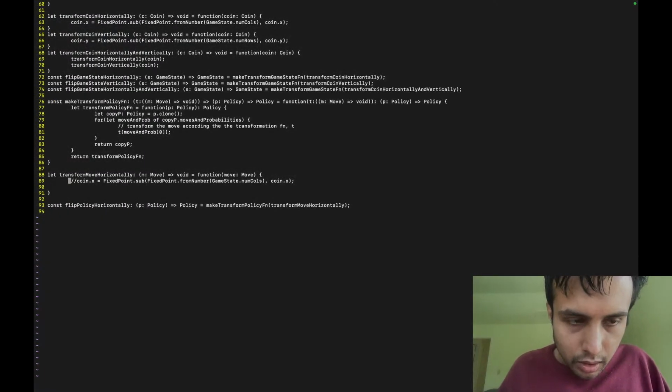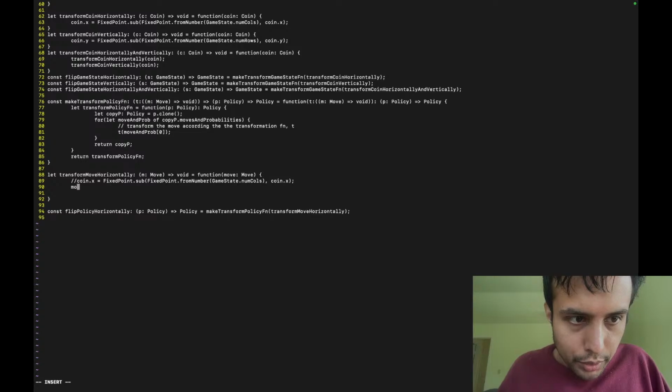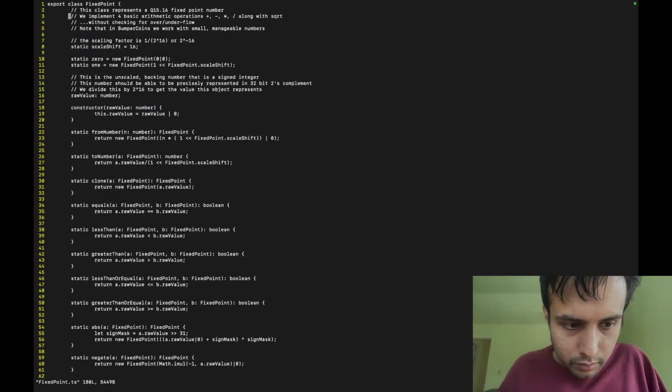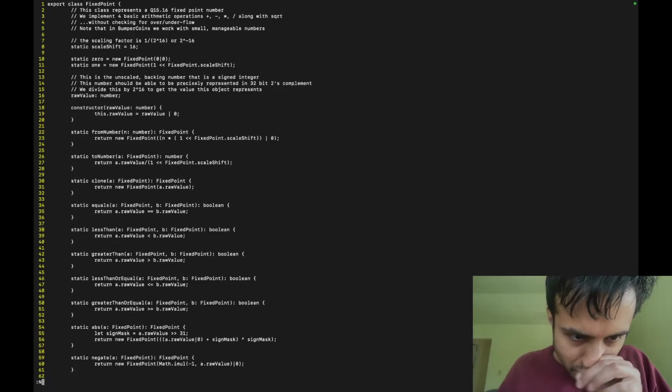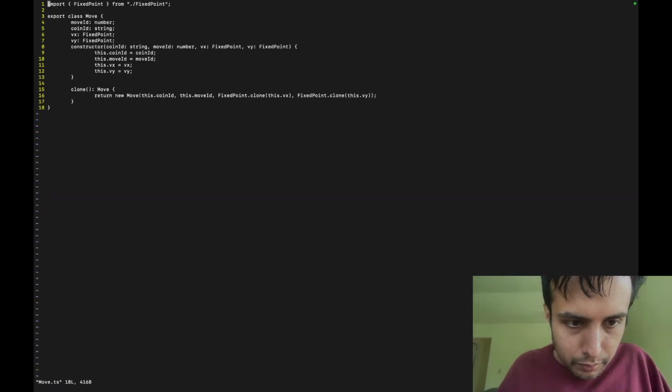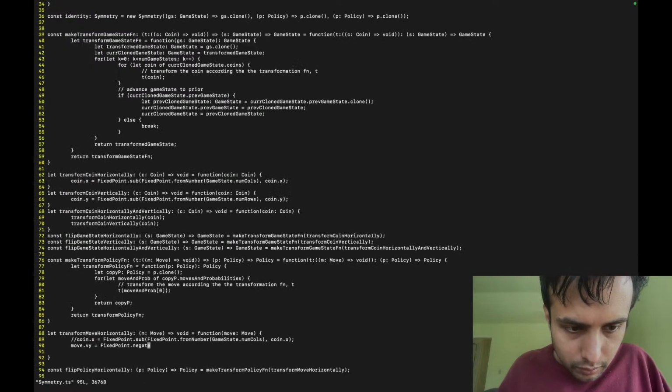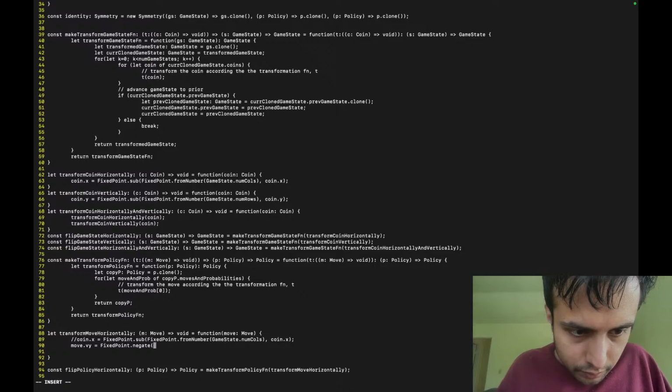It's not m, but actually this move. Move.Vy equals fixedPoint.negate, and what are we negating? Vy itself.